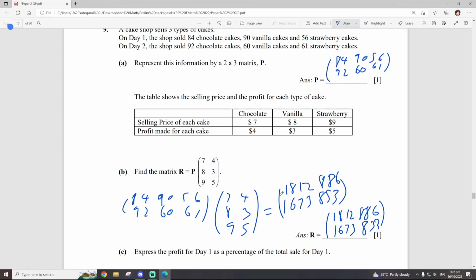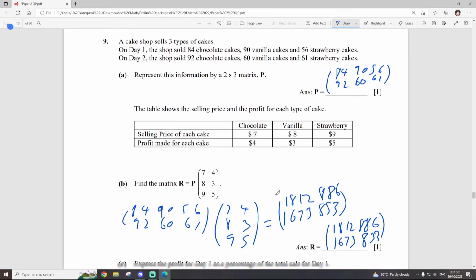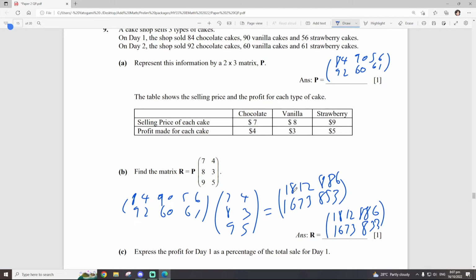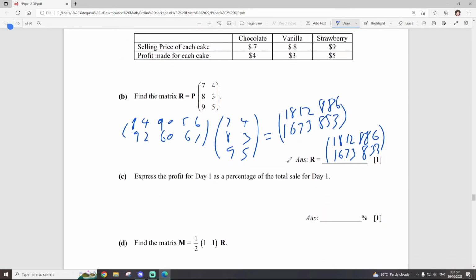So the first one is the total selling price from the first day, and the profit made is the second column and first row. So profit as a percentage of the total sale, that is 886 divided by 1812 times 100%. So just understand what we're doing a bit, and then should be okay. So you'll get 48.9%.